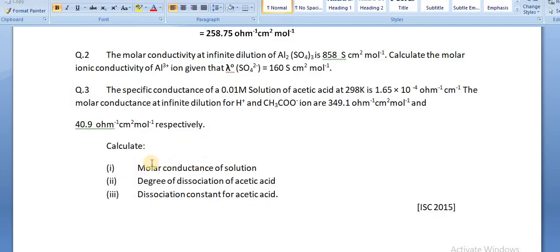You are asked to calculate, first, the molar conductance of the solution, second, the degree of dissociation of acetic acid, and third, the dissociation constant for acetic acid. This question came in 2015. So complete this assignment and send it in my mail.